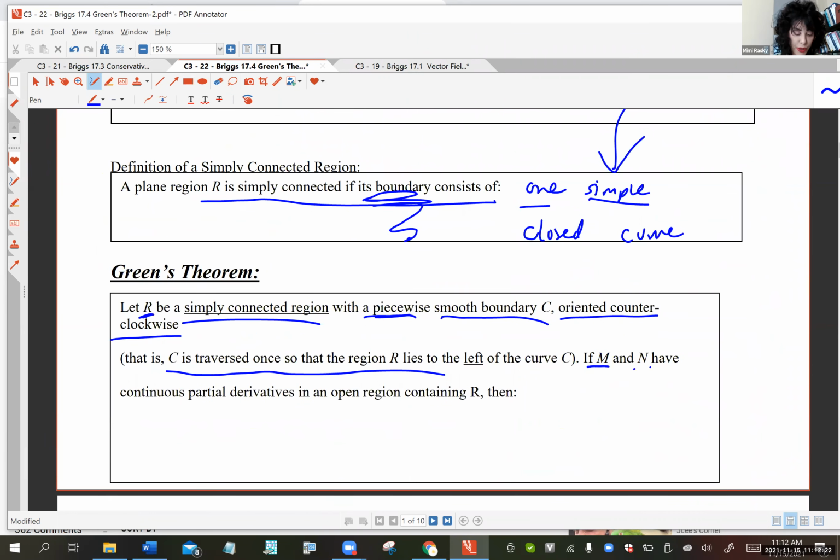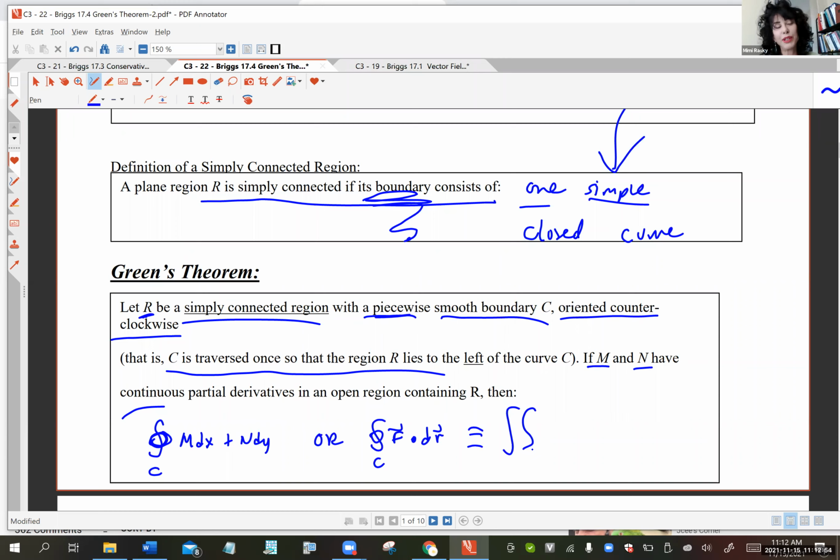And then, of course, if M and N from your vector field have continuous first partials in an open region containing R, then if you're doing this line integral, and I'll put a little circle here because it does have to be a closed curve, and this could be the differential form or it could be F dot dr, either one, because they're essentially the same, then it's equivalent to this double integral.